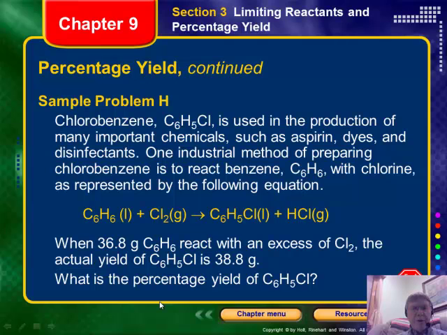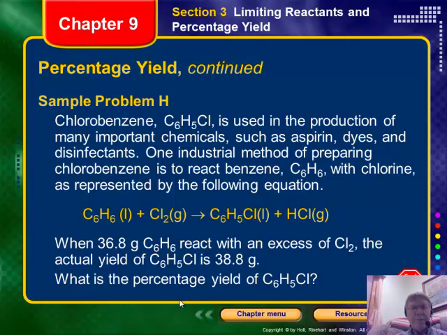Now we're told that when 36.8 grams of benzene reacts with an excess of Cl2, the actual yield of C6H5Cl is 38.8 grams. What is the percentage yield of C6H5Cl?